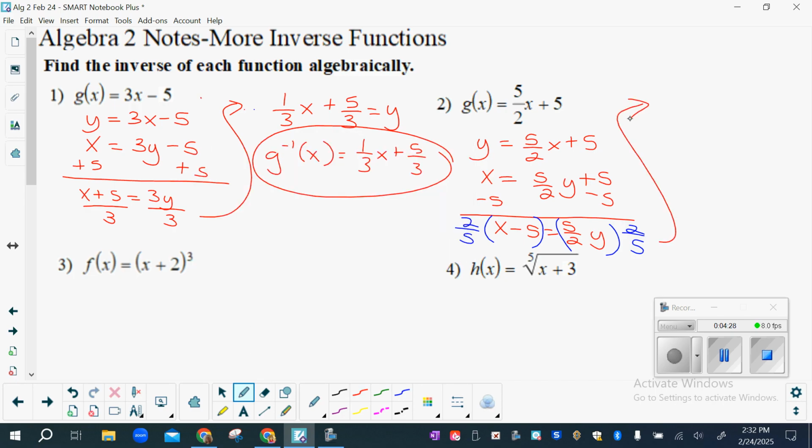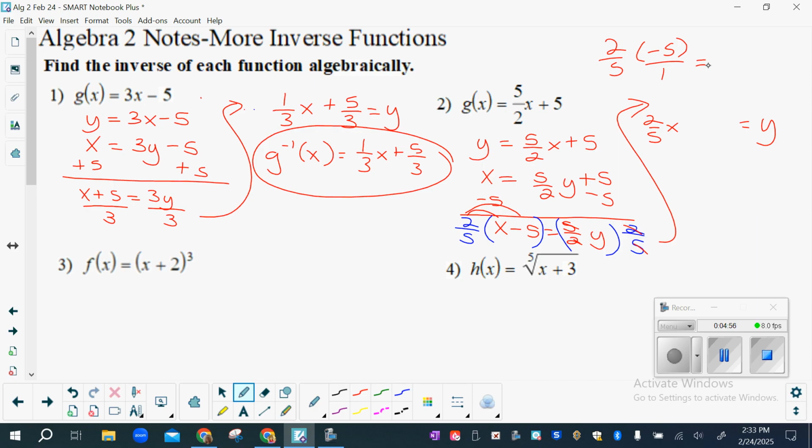So we get y on the right side because these cancel. And then we have to distribute the 2/5. So we get 2/5 x and 2/5 times -5. I'm going to do that on the side.